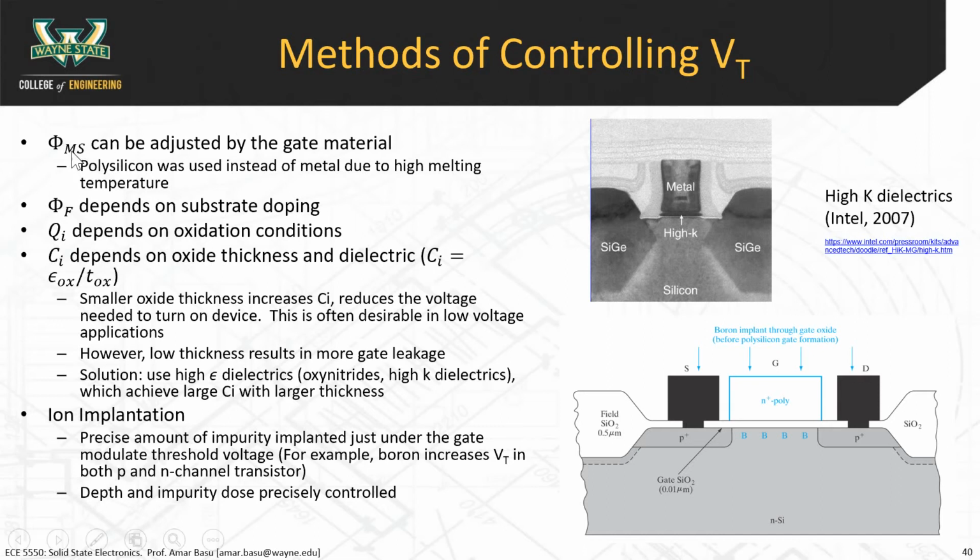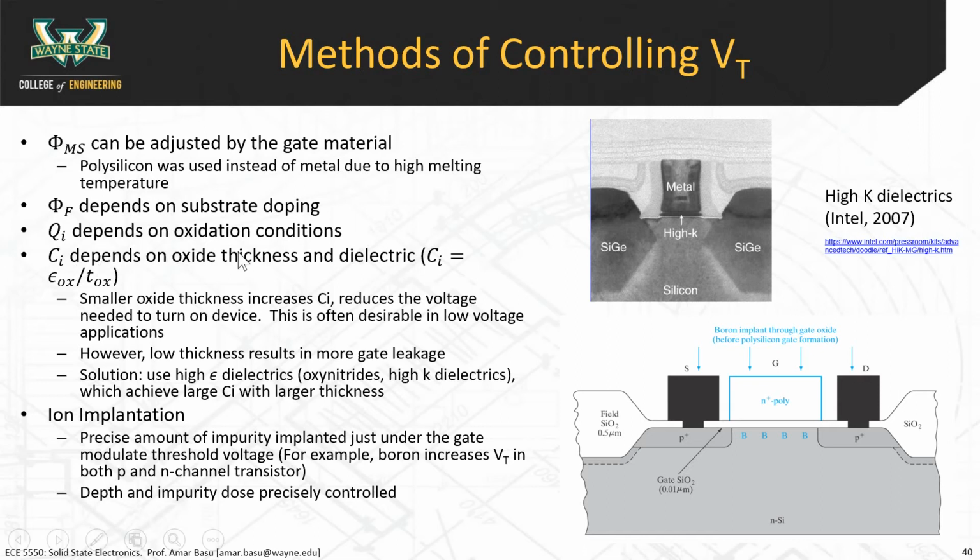But the first and foremost way of controlling VT is by controlling the metal semiconductor work function. So the metal work function depends on the choice of metal. The semiconductor work function depends on the doping of the semiconductor, right? So both of these can be controlled. Phi F, that's strictly a function of the substrate doping. You dope it high, phi F gets larger. You dope it lower, phi F goes lower.